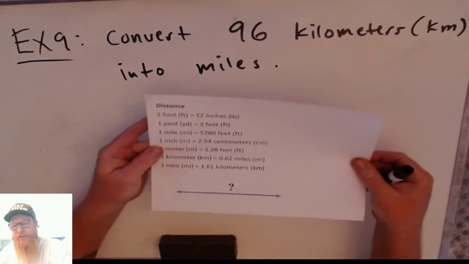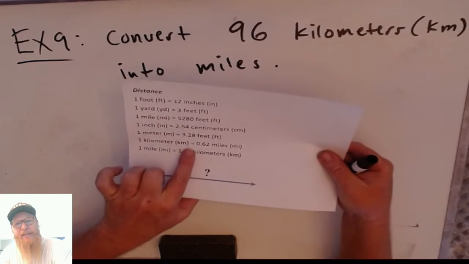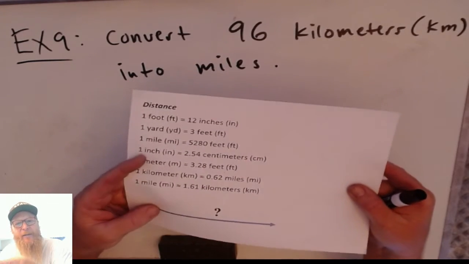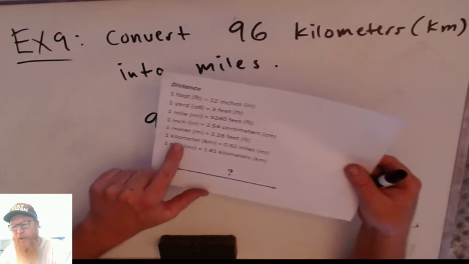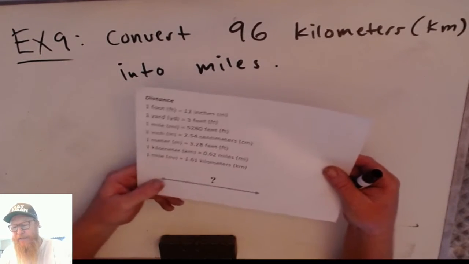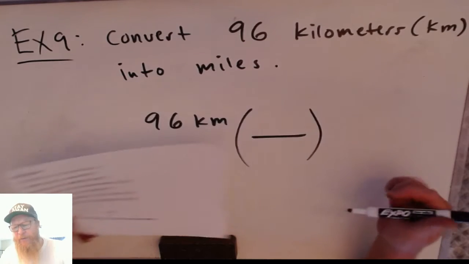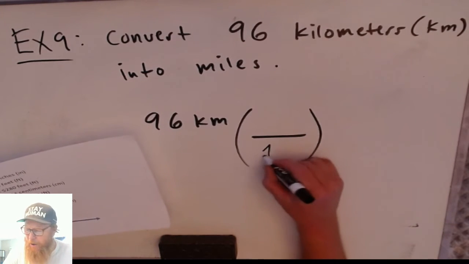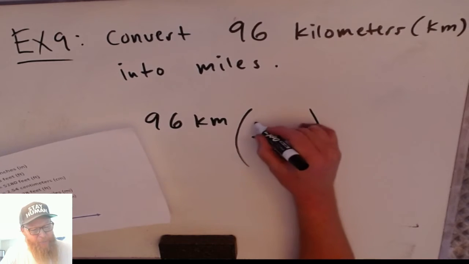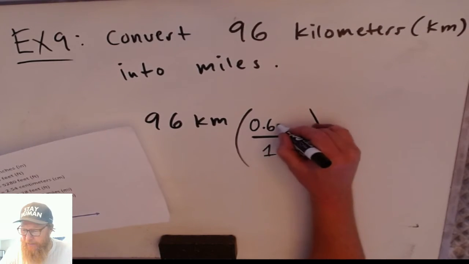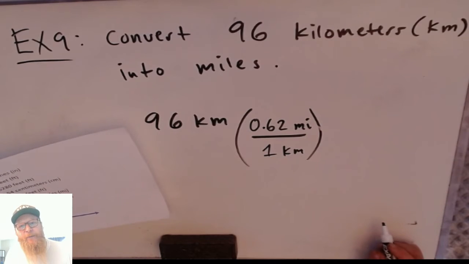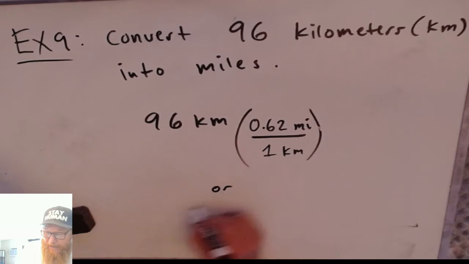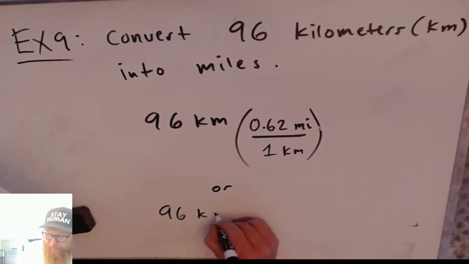And then look on your sheet here. If you see the squiggle, it's like a squiggly equal sign, that means it's approximately. So 1 kilometer is approximately 0.62 miles. Or you actually have a choice.